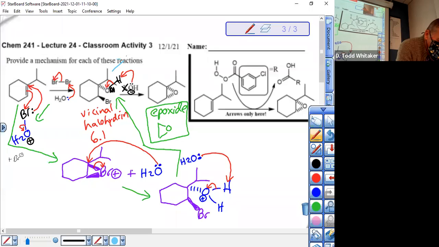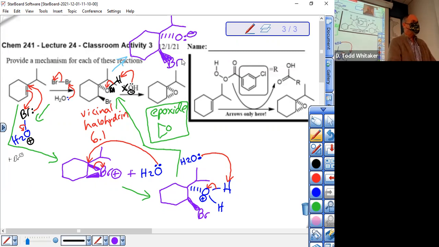And then we got this. We're almost there for this one. And you got an O minus, which is a nucleophile, in the same molecule where there's a leaving group. Oh, wait, this sounds familiar too.